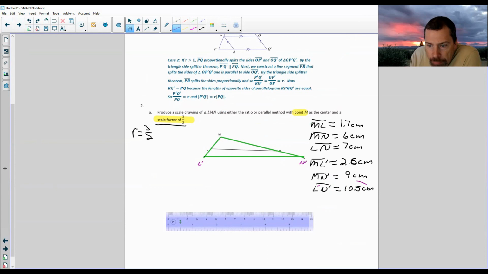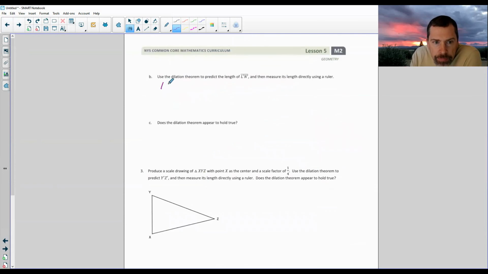L prime N prime is approximately 10.5 centimeters. Okay, and we did measure directly using the ruler. Does the dilation theorem appear to hold true? And let's bring in the answers to this problem.